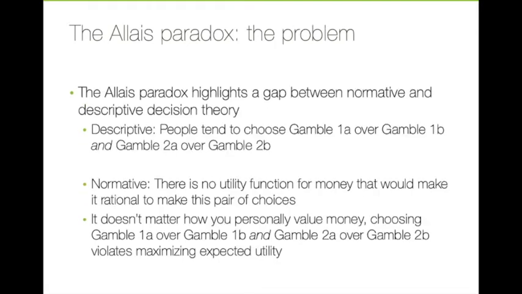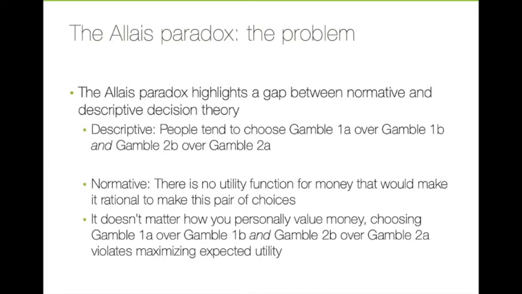As I've hinted at so far, the Allais paradox highlights a gap between normative and descriptive decision theory. So in terms of the description of this pair of decisions, people tend to choose gamble 1A over gamble 1B, and gamble 2B over gamble 2A, as we've just talked about.